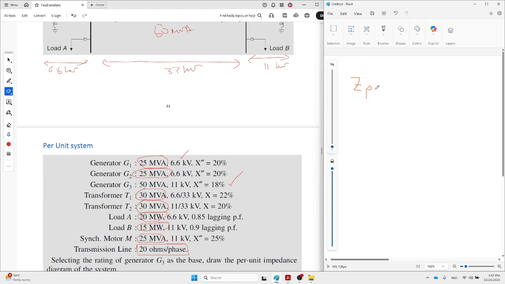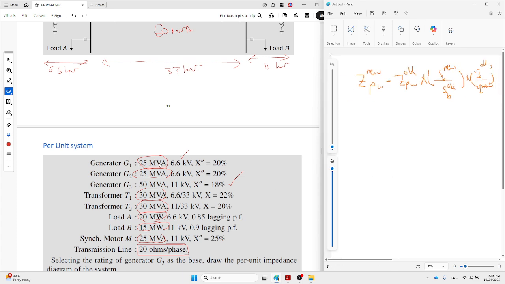Z per unit new is equal to Z per unit old times S base new over S base old, times V base old over V base new, squared. Don't forget, old is at the top side. That's all from this formula.